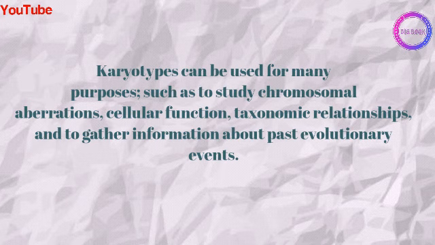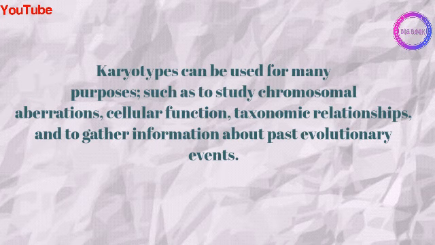Of course, with the help of this karyotype we can understand the past evolutionary events. There are species which resemble each other in the karyotype and the genetic material, very closely related. Due to the evolutionary action, there will be slight differences even in the karyotype, that is in the genetic material and also in the appearance of the karyotype. That also can be understood.